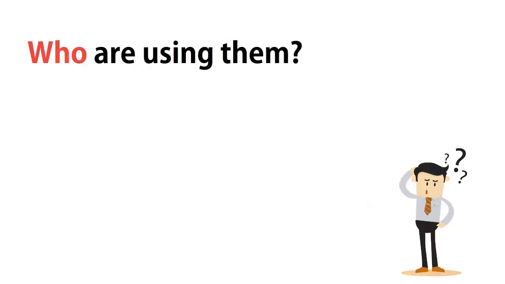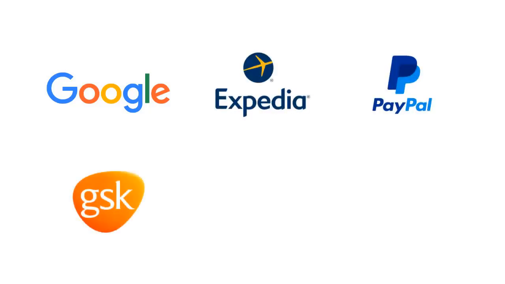But if we relate this to industries, who are actually using containers? Well, Google pioneered using orchestrated containers years ago when they started facing overwhelming amount of data. These days, companies like Expedia, PayPal and GlaxoSmithKline are voluntarily providing themselves as references and case studies.